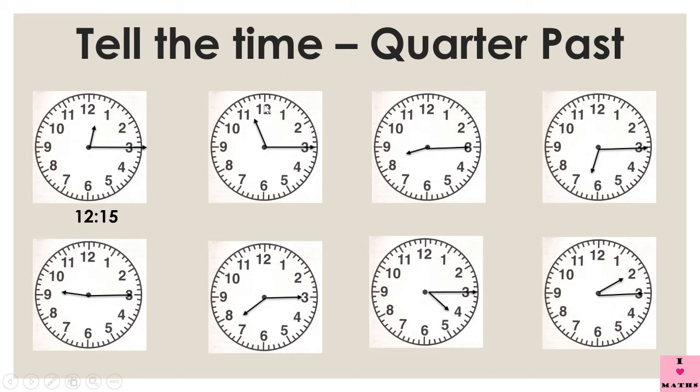Mind you, children, I told you in my last video, this is the movement of the minute hand, hour hand, and second hand. This is the clockwise movement. It never moves in the other direction. So the hour hand has passed 11 and it is called quarter past 11 because the minute hand is on 3 and hour hand has passed 11.